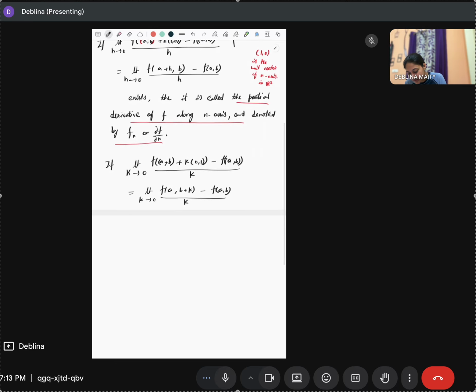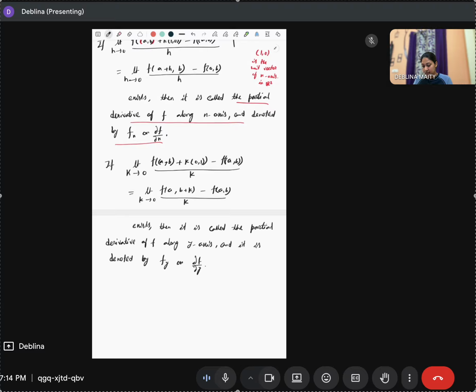If this limit exists, then it is called the partial derivative of f along the y-axis, and it is denoted by f suffix y or del f del y.